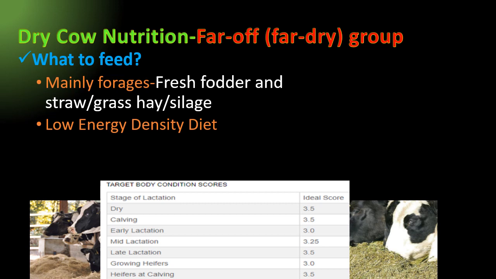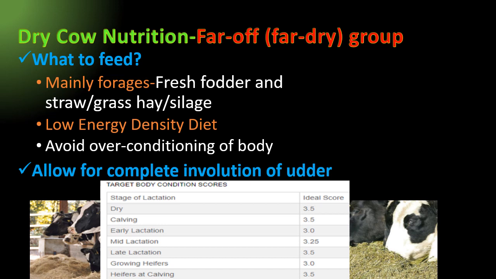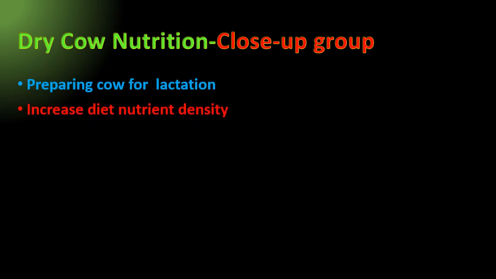The length of this far off dry period must be a minimum of 30 days to allow for complete involution of the udder. Next comes the close up group. The objective of this group is to prepare the cow for lactation. During this phase, the objective is to increase the energy density of the diet.